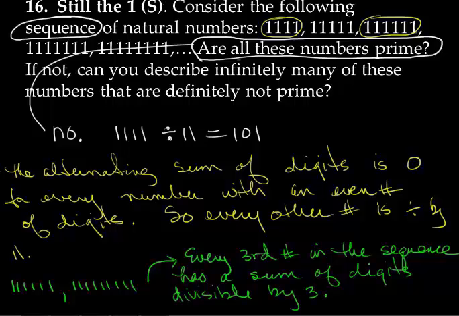So we know that every third number in this sequence is divisible by 3. So there's another infinite number of these numbers that are divisible by 3.